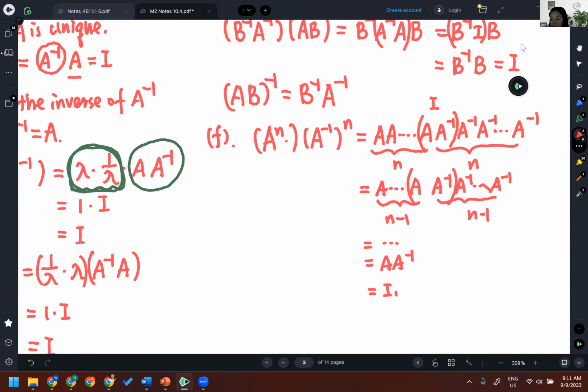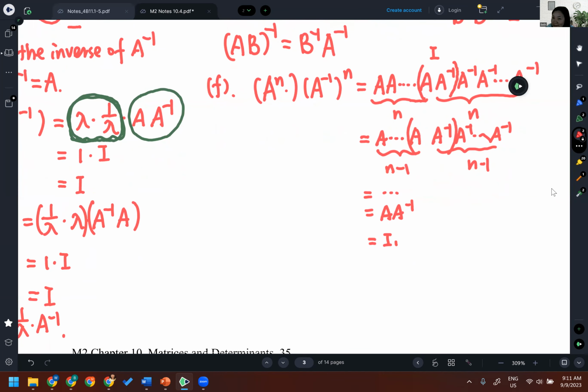So that's how you verify A to the power n times A inverse to the power n. Now after this, what should I check again? What else should I check? For G, check if the A inverse to the power of n times A to the power of n is equal to I. You check this and then you flip them, you swap them, and then you do it again.